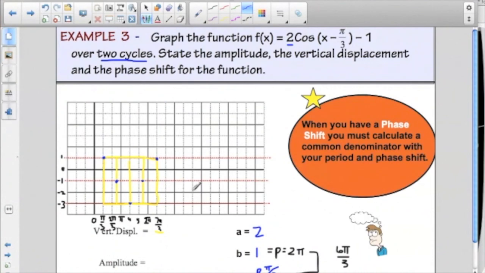I'm not going to shift this over because I know it's going over 1.5. So back to middle, back to the bottom, back to the middle, and back up to the top. Now we can get a nice sketch in here. Not the best drawing, but you get the gist of it. There is our picture.